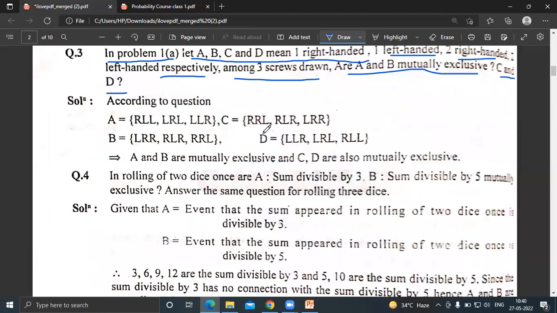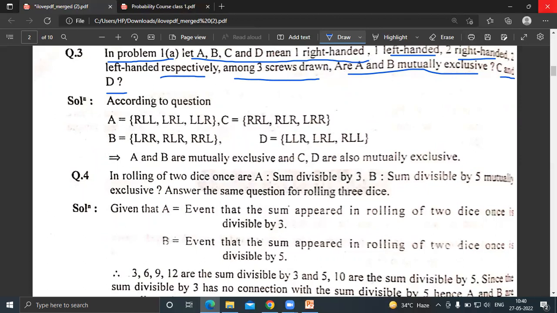So according to the question, A, B, C, D mean one right-handed, one left-handed, two right-handed, and two left-handed respectively.